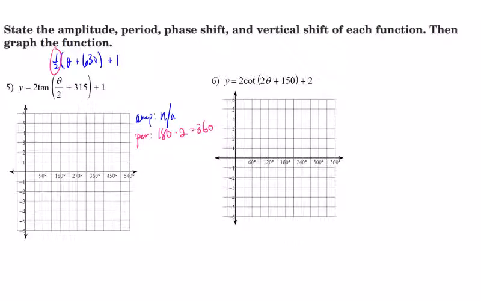Okay. So tangent usually starts in the middle, goes up, and usually we have our asymptotes at negative 90. But now it's going to be stretched basically by a factor of 2 horizontally, so it's going to be at 180.